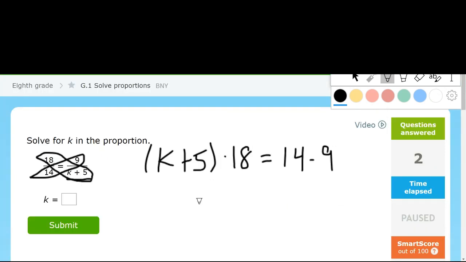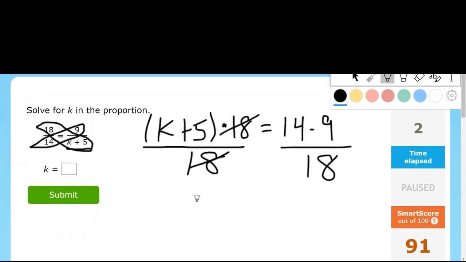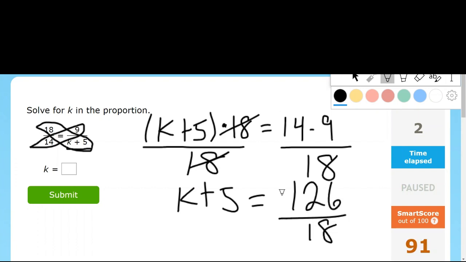I want to mention that at this step, we could also choose to divide by 18 first, because we're multiplying the whole thing, k plus 5, by 18. We can isolate k plus 5 by dividing both sides by 18. The 18s will cancel out, and we're left with k plus 5 is equal to 14 times 9, which is 126, divided by 18.